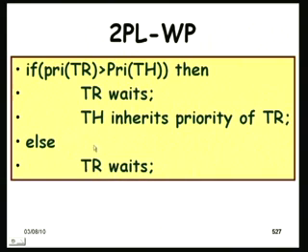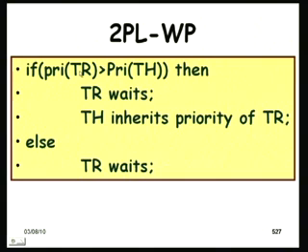Now, let us see a mechanism to extend the 2PL for handling real-time transactions. We can define a priority. If the priority of the requesting transaction TR is greater than the priority of the holding transaction, then the requesting transaction waits and the holding transaction inherits the priority of TR.